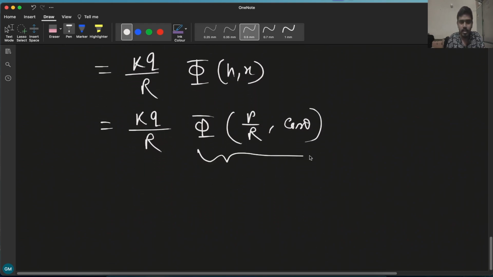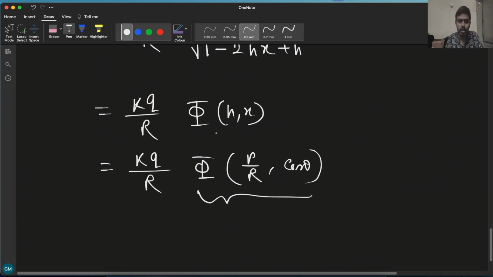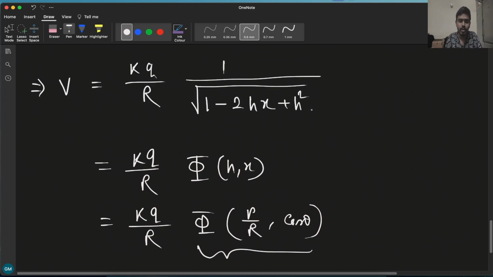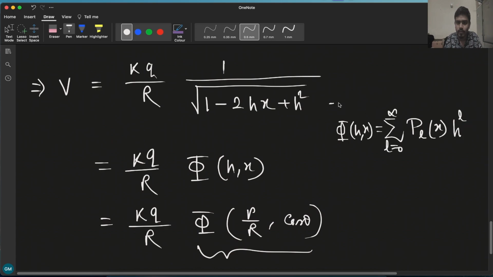And now if I replace it, so we know that this generating function phi of hx is basically sum over P_l(x) h to the power l, l equals 0 to infinity.